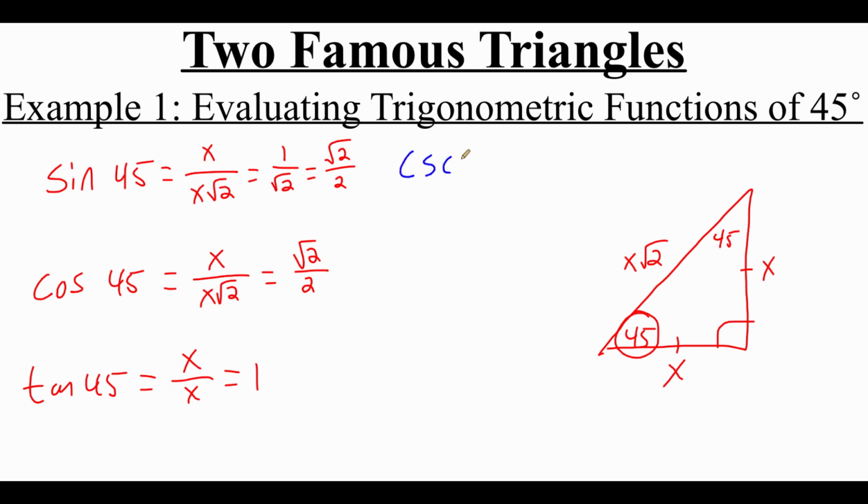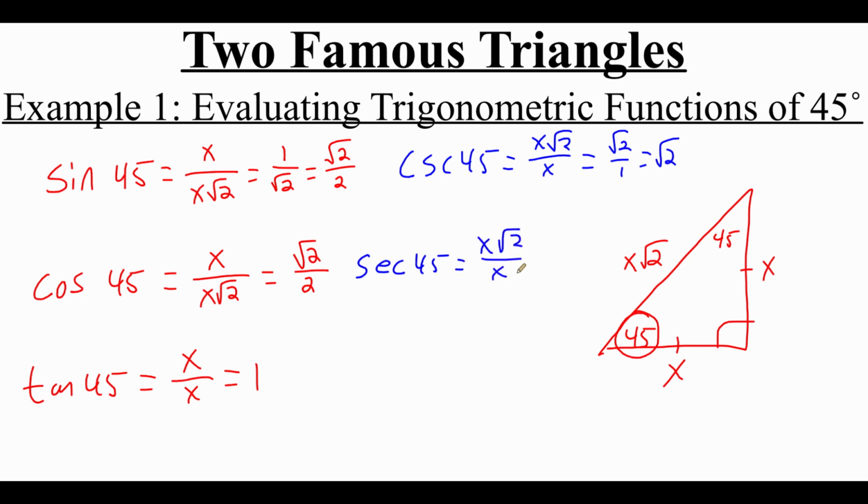Now we can also find those reciprocal trig functions as well. So if we wanted to find the cosecant of the 45-degree angle, we would take the hypotenuse and put it over the opposite side. So these x's would cancel out, and we would just get the square root of 2 over 1, which just ends up being the square root of 2. For the secant of a 45-degree angle, again, similar things are going to happen. We would take the hypotenuse over the adjacent side.